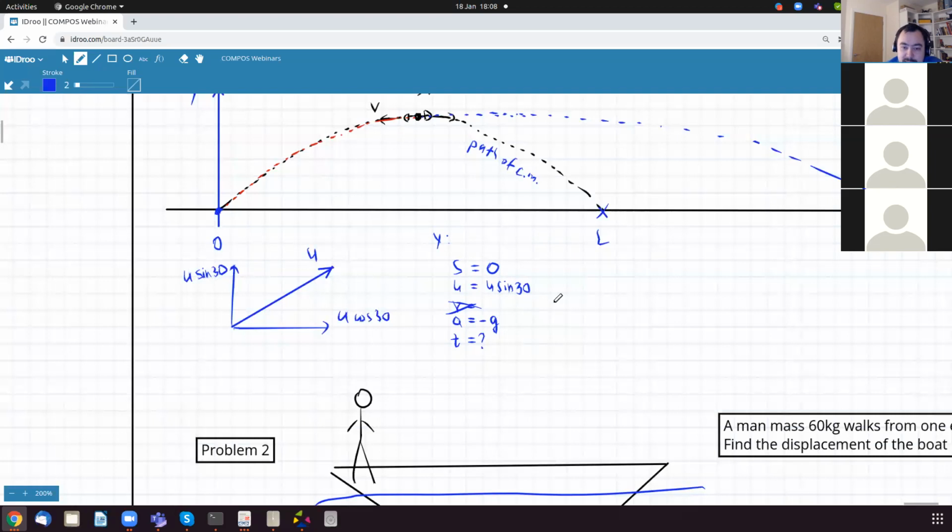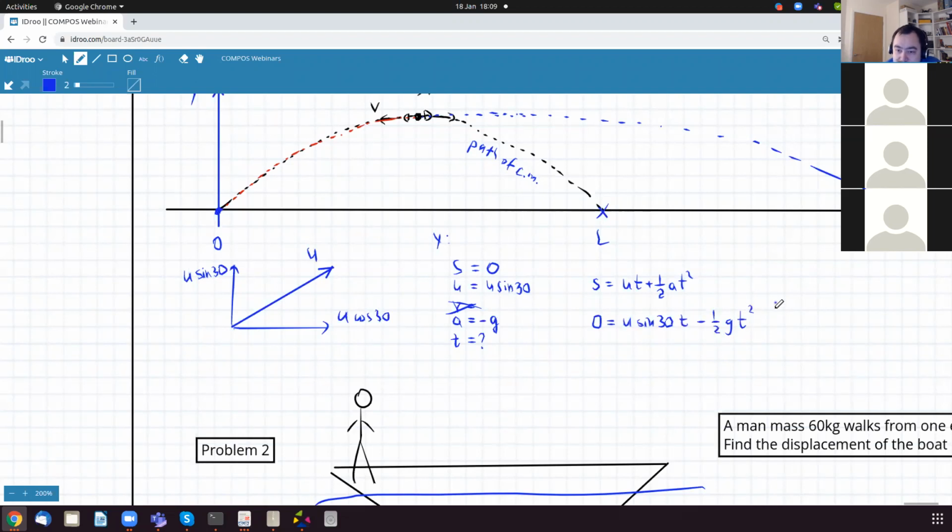So we choose a suitable equation. The suitable equation is s equals ut plus 1/2 at squared. And that makes it 0 equals u sine 30 t plus minus 1/2 g t squared.